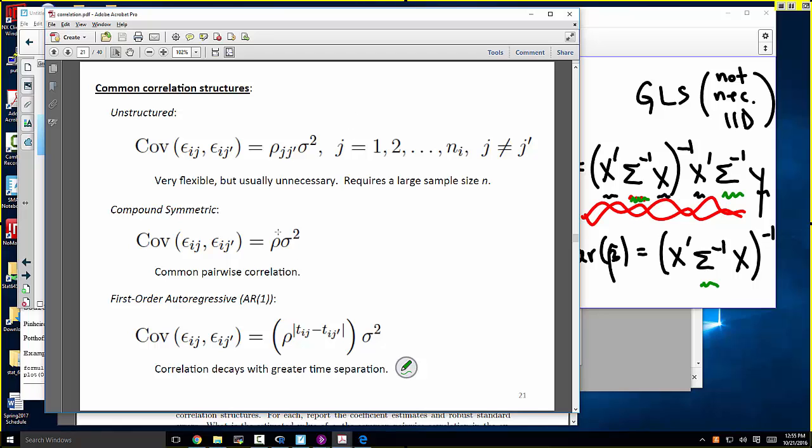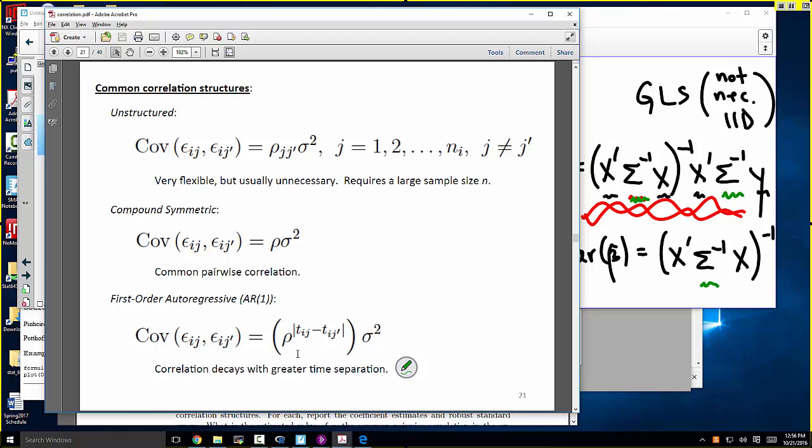For example, we could say that the ijth element of capital sigma is a single correlation, rho, times a single variance, sigma squared. Compound symmetric would say that the correlation between any two measurements on the same person is equal to rho. And that's the same rho for every person. That's a pretty strong assumption, simplifies capital sigma a lot.